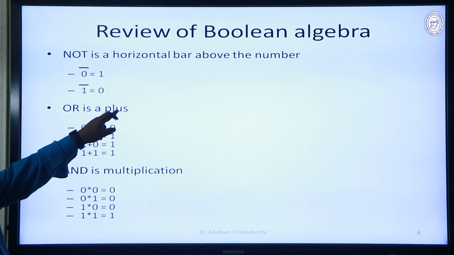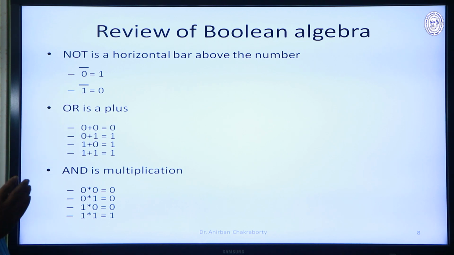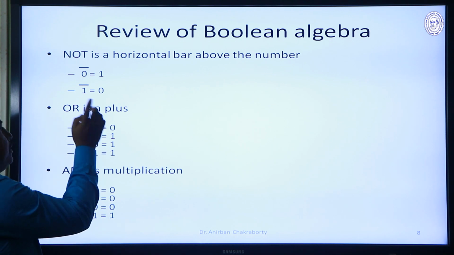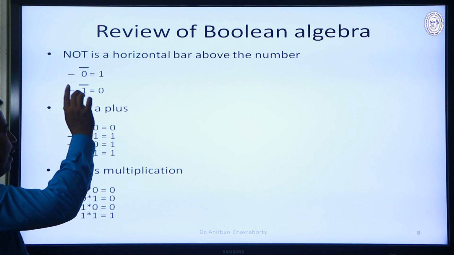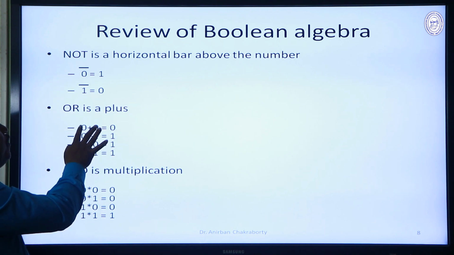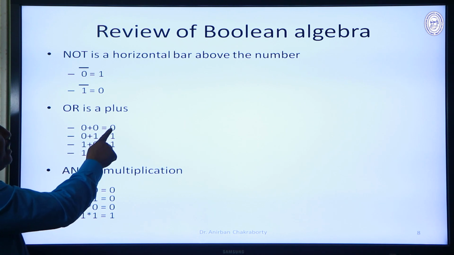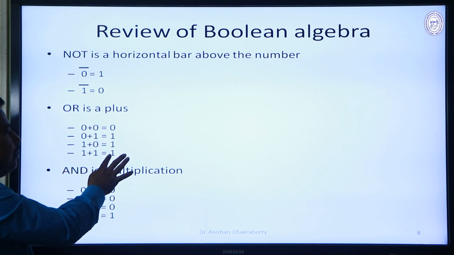OR means just a plus sign, but we will utter it as OR. 0 OR 0 is 0, meaning only when both inputs are 0 will I get 0, else 1.